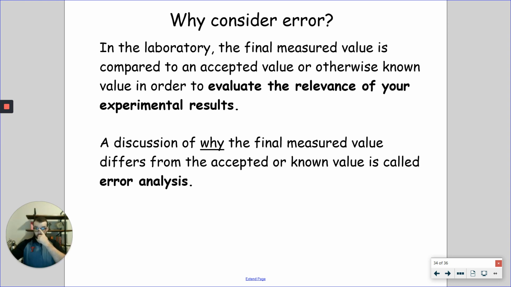If, let's say, we're in the real world and you're running an experiment on something that could potentially be worth millions of dollars, like a vaccine for COVID, you've got to make sure that your error is very low, so that you can help save lives and make a legitimate impact on society. So in the laboratory, the final measured value is compared to an acceptable value, or otherwise known value, in order to evaluate the relevance of your experimental results.